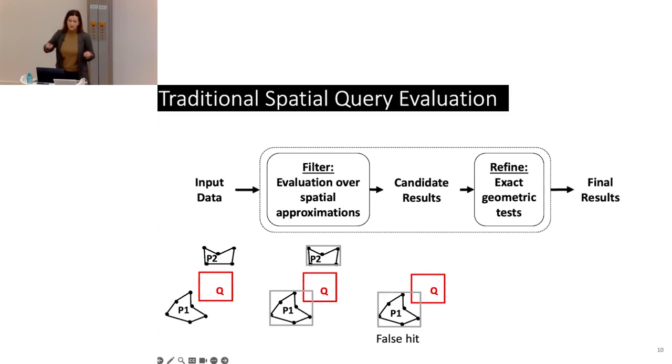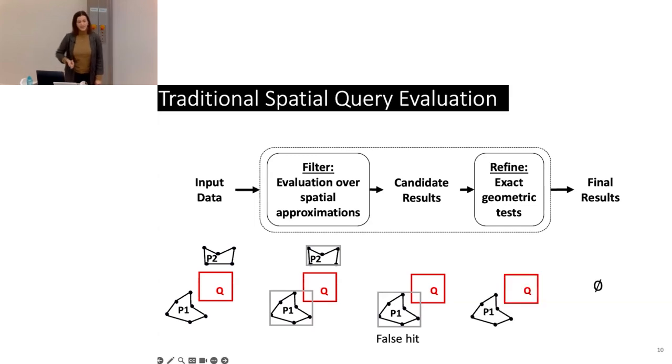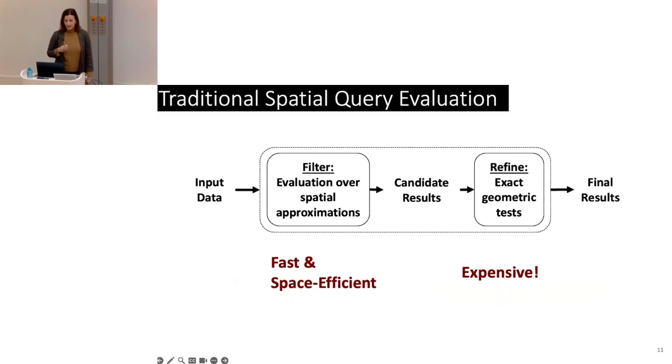In this case, it's actually a false hit because the underlying polygon inside the rectangle doesn't intersect with our query, but we don't know that yet. So we go through the refinement check, and now we compare the query with the actual geometry of the polygon. And in this simple case, we find that there is no intersection and the final result set is empty. So the idea here is that in the first filter step, we can do simple tests with simplified geometries much faster.